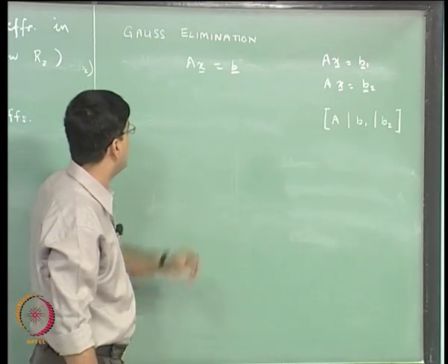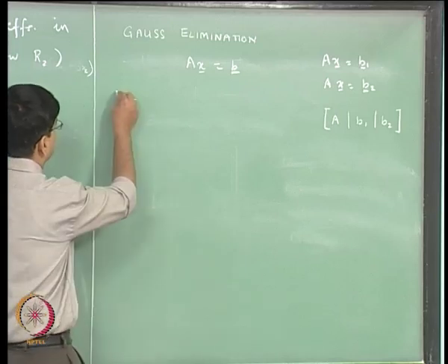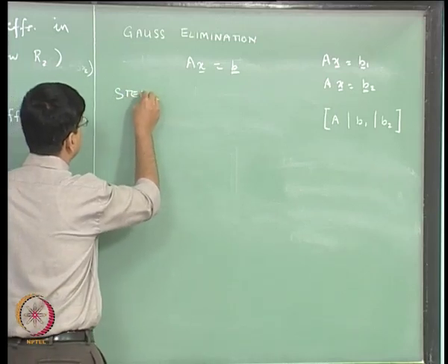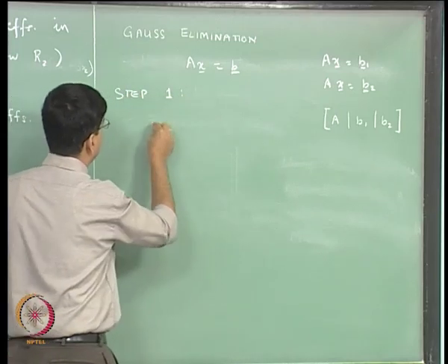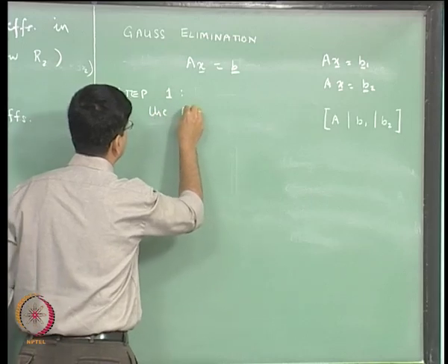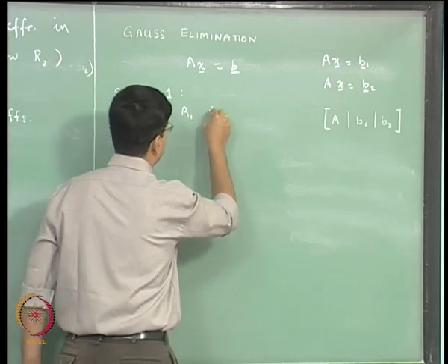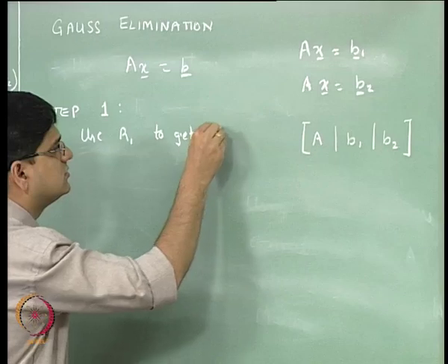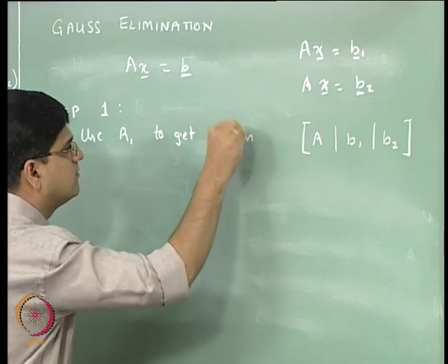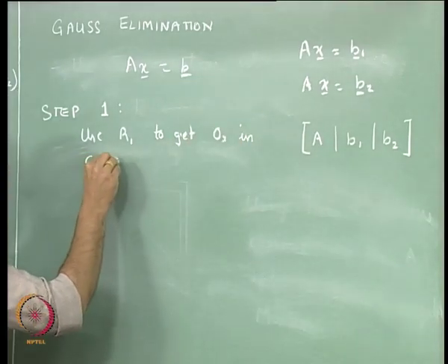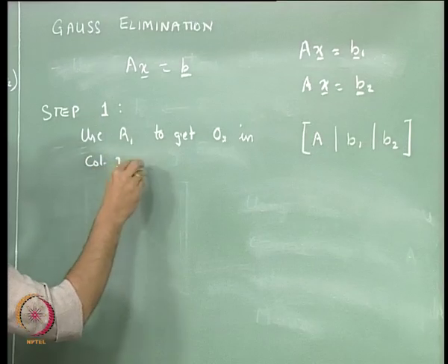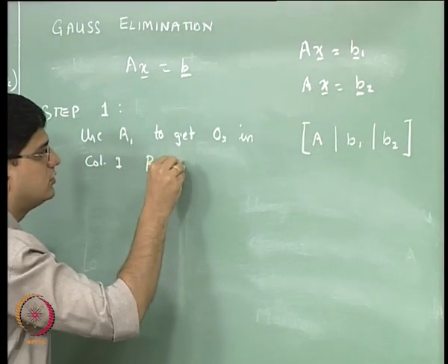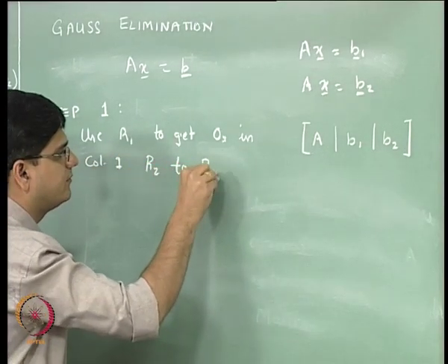Okay. So, we have Ax equal to B. Step 1 is to use R1 to get zeros in column 1, rows 2 to n. Okay.